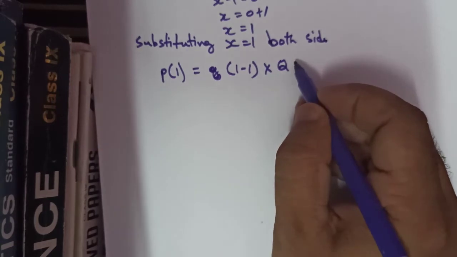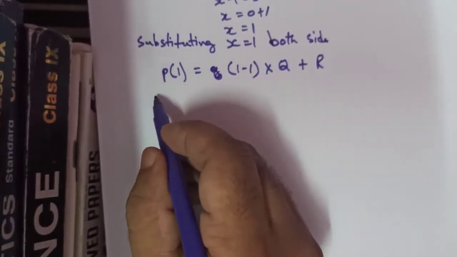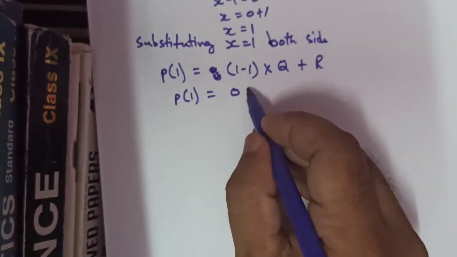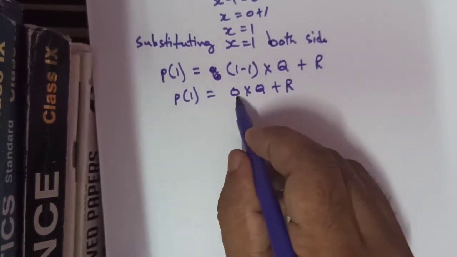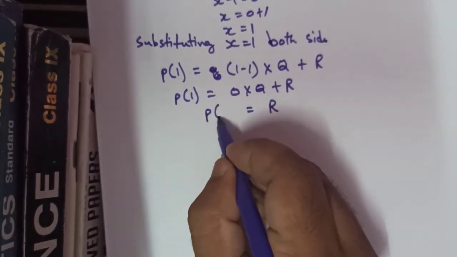We don't know the quotient yet, so we write q, plus r. So p1 equals 1 minus 1, which is 0, times q plus r. 0 times the quotient is 0 only, so we get the remainder equals p1.